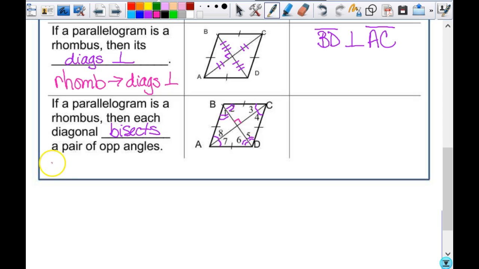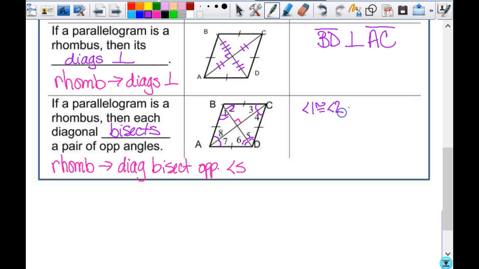So this abbreviation is a little bit longer than the rest. But if it's a rhombus, then the diagonals bisect opposite angles. So we have two sets of four congruent angles. So I can say angle 1 is congruent to angle 2, which is congruent to angle 5, which is congruent to angle 6.